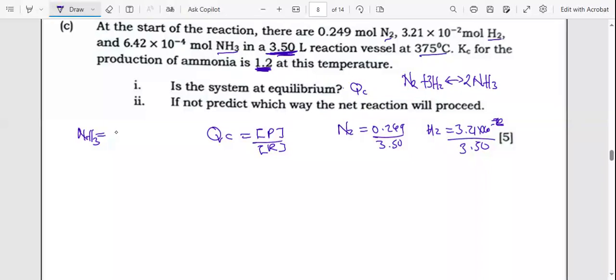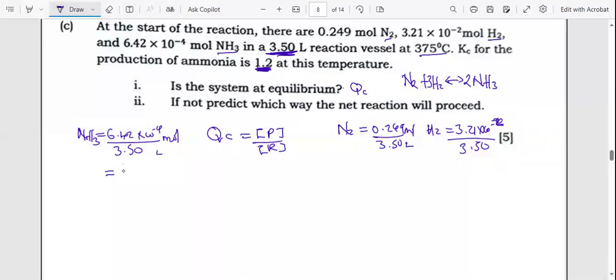For ammonia, we have 6.42 times 10 to the power 34 over 3.50 liters. Remember, we're dividing moles over volume, so what I'm getting is concentrations.